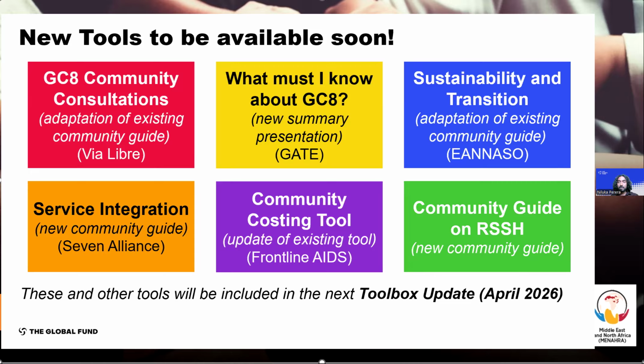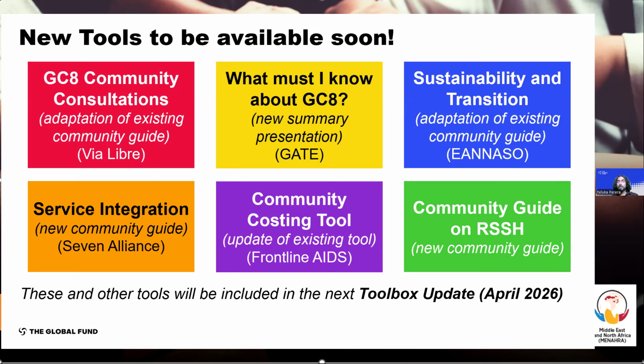Service integration, a key topic. This tool is looking at how, as communities, we need to understand integration, and how we bring this topic into different discussions and dialogues we are having as part of the GC8 country dialogue process.